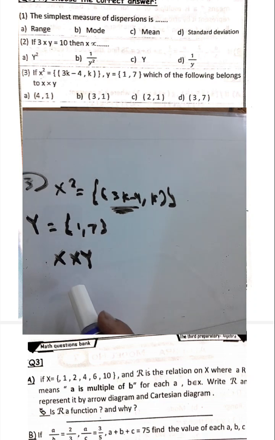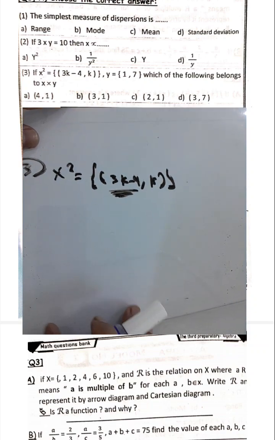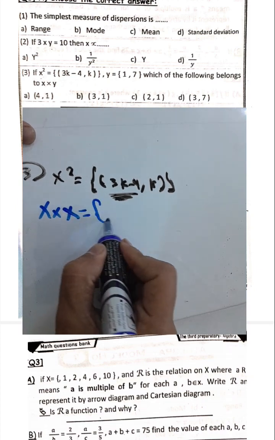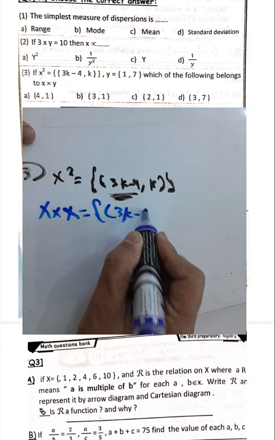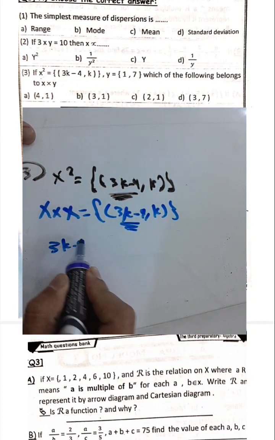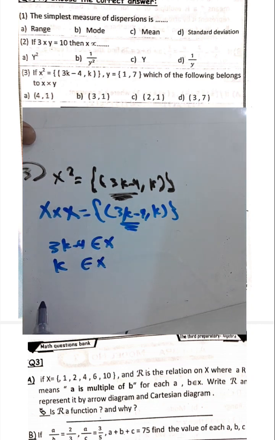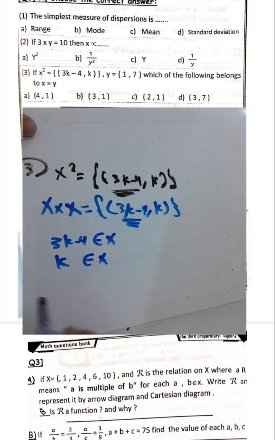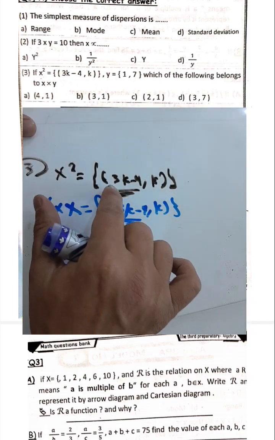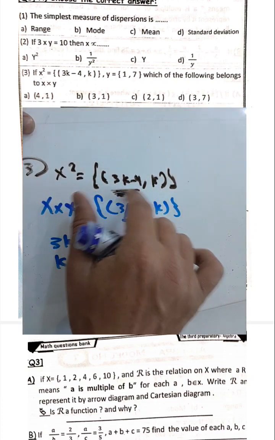Okay, first look with me at this information. X power 2, or x2, means x Cartesian product by x, which equals the set of (3k minus 4, k), an ordered pair. Then 3k minus 4 belongs to x and k belongs to x, and he gives us 1 point, meaning x has one element, so the two numbers here are equal.